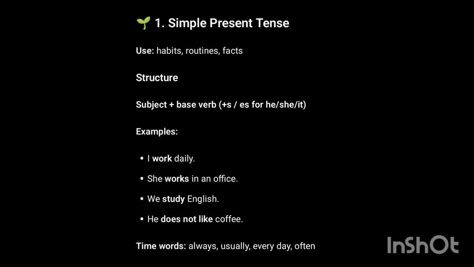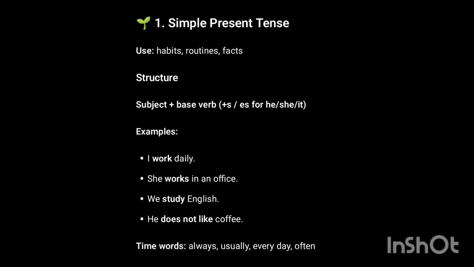In negative sentences, we all know we have to use does not or do not, in short form, don't. To stress something, to emphasize some work, at that time we use do or does. These are the basic rules for present simple tense.